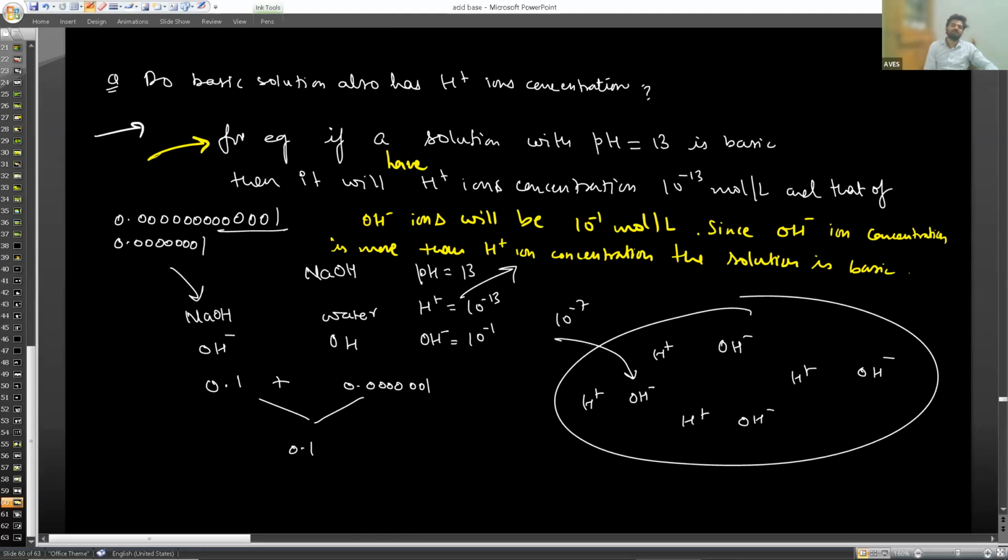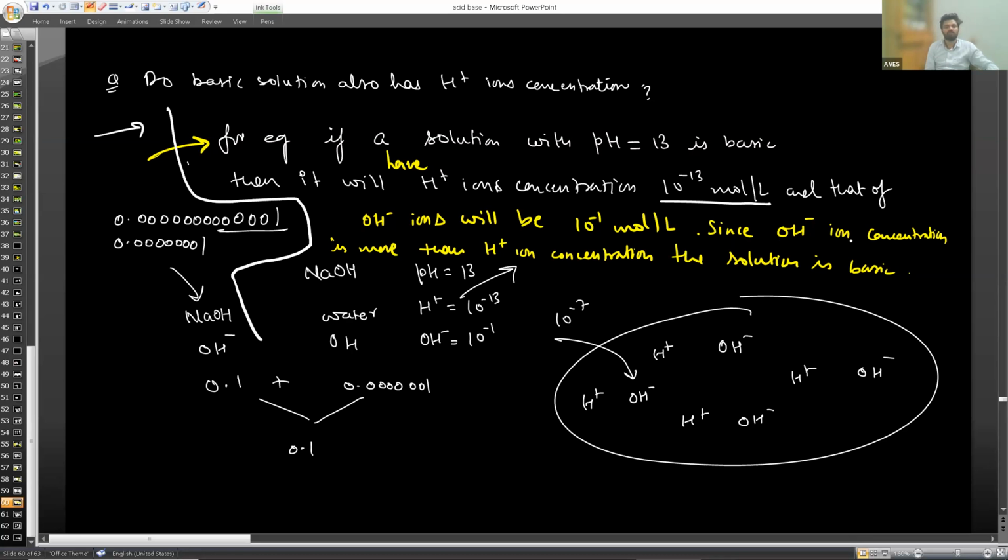Then you have to explain, for example, if a solution with pH 13 is basic, then it will have the H plus ion concentration as 10 to the power minus 13 mole per liter, and that of OH negative ion is 10 to the power minus 1 mole per liter.